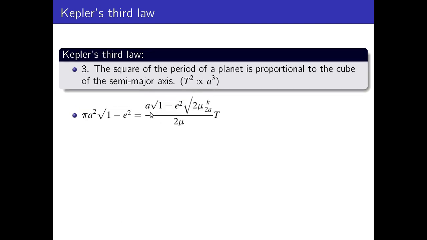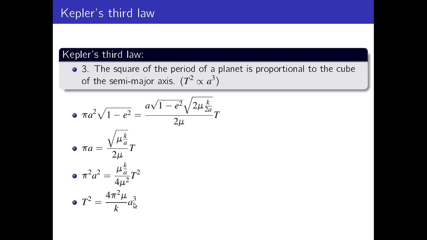And we can cancel a times the square root of 1 minus e squared from both sides, and we obtain this relation. After taking the square of this one and after some arrangements, we obtain T squared is equal to 4 pi squared mu over k times a cubed.